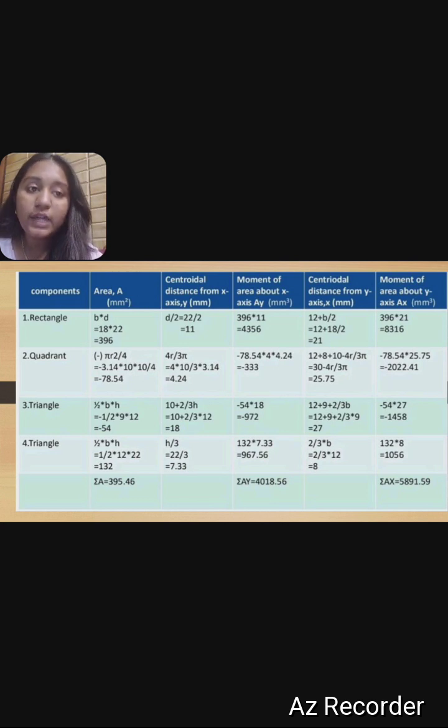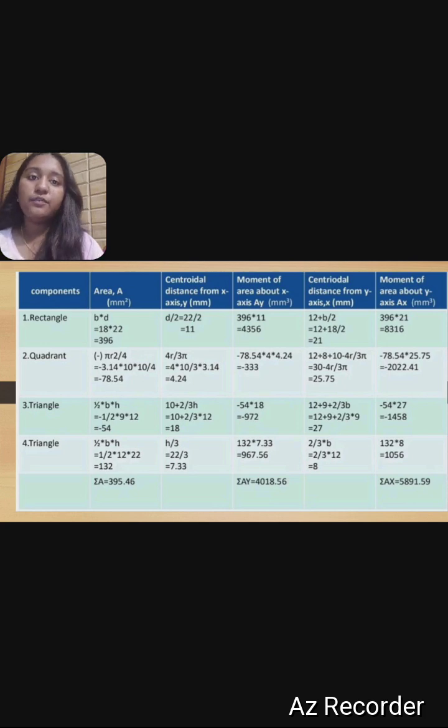For the triangle, it is minus 54 into 27, that gives you minus 1458. And for the last triangle, it is 132 into 8, that gives you 1056. And the summation of AX, as usual, by adding all those things, you will get 5891.59. So this is where we complete our table.